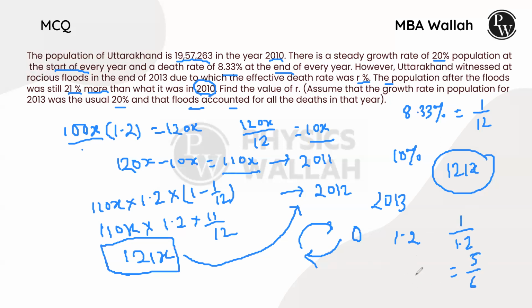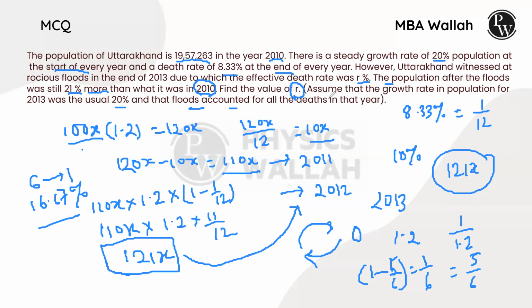So the shrinkage is 1 minus 5 by 6, which is equal to 1 by 6. So it means out of every 6 people, 1 person died. So the shrinkage rate in 2013 was 16.67%.